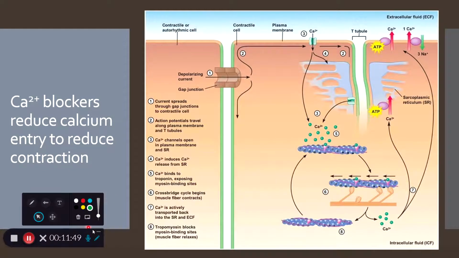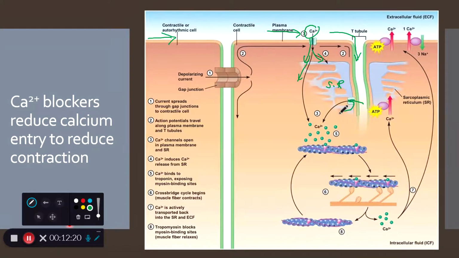An action potential travels along the muscle fibre. That causes entry of calcium into the cell. The action potential also travels down the T-tubules, and that also causes calcium to be released from the sarcoplasmic reticulum here.